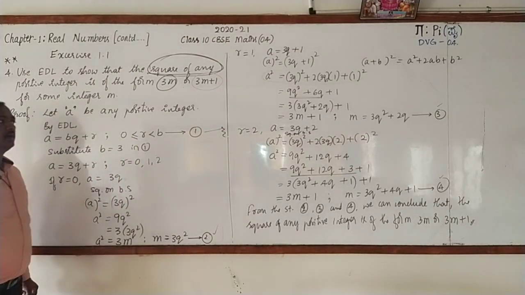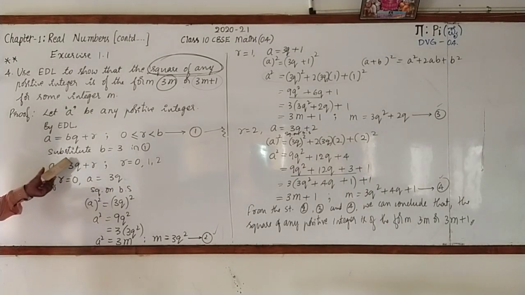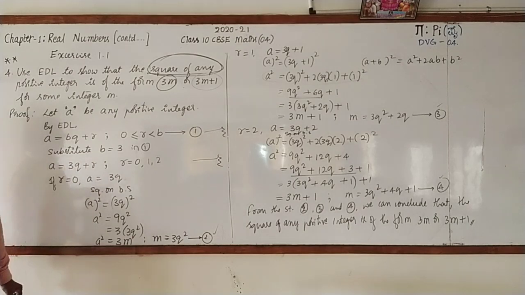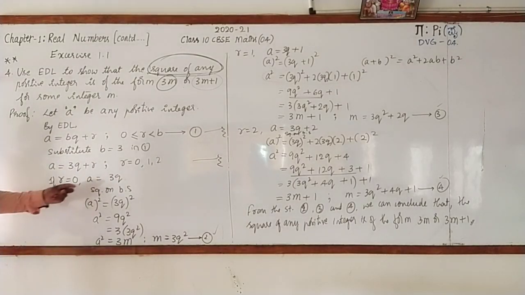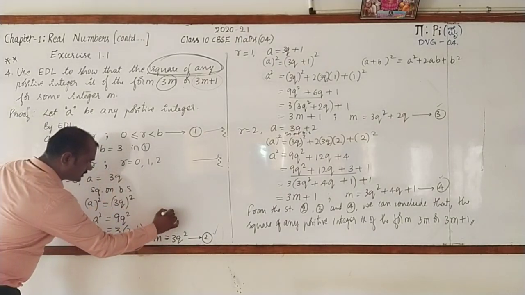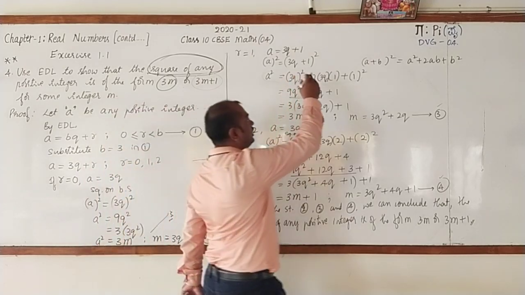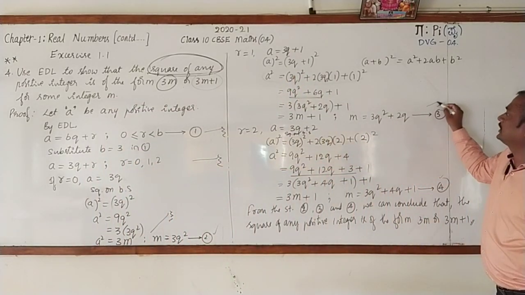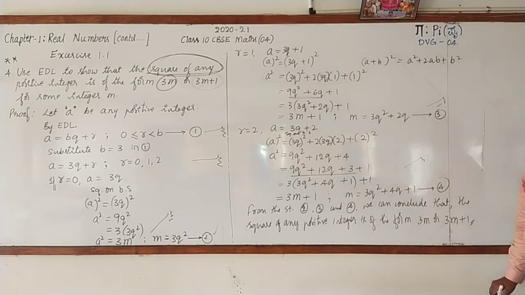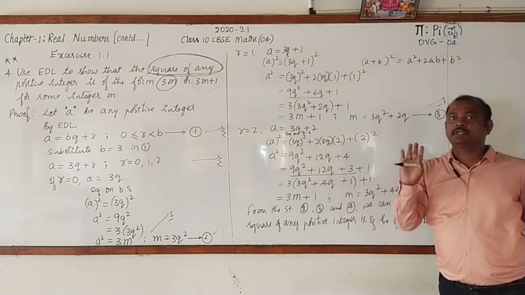It is half. Then you will go for taking substitution. You will write the possible remainders, that is half. Next, for these terms, it is half for this statement, half for this statement, and half for this. Conclusion half. So altogether it will be 3 marks.